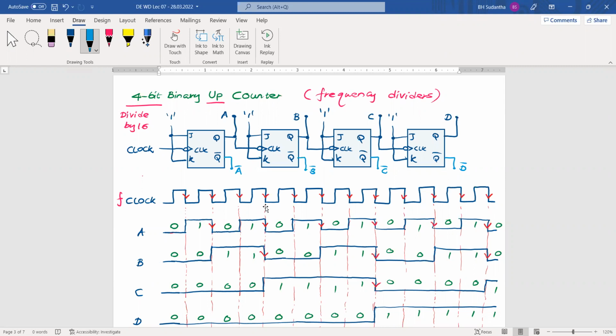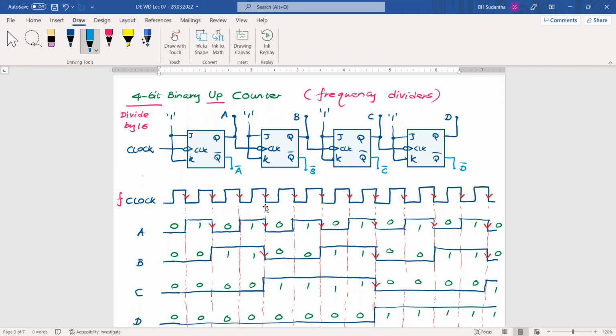I think last week, one of your friends asked me why we have taken that DCBA order, the reverse order, for the BCD to 7 segment decoder. Because of this reason. Here A, B, C, D, the A is having the least weight. B, C, D, D is the largest.